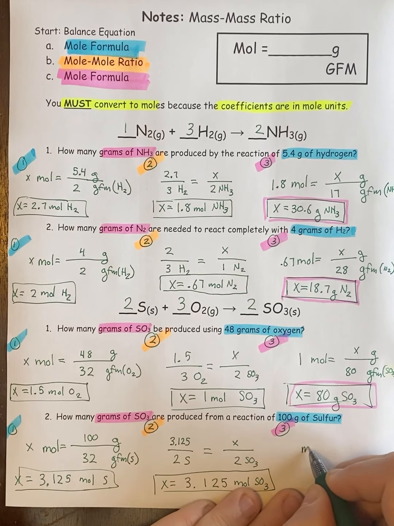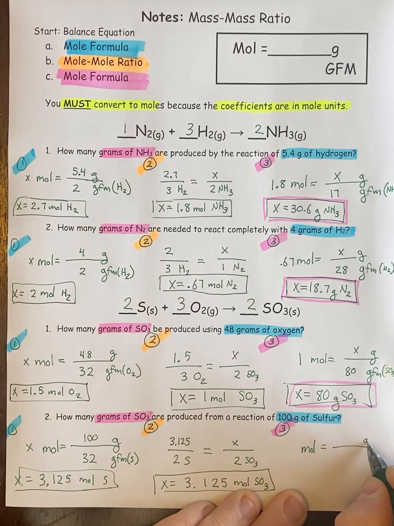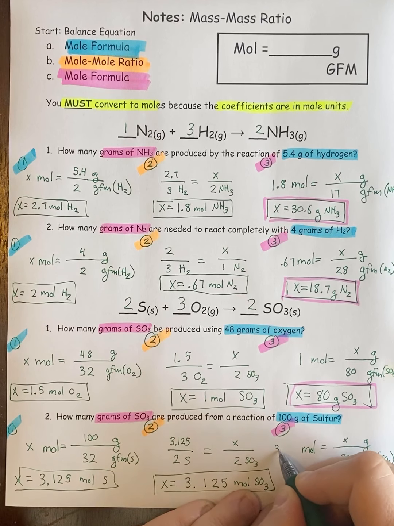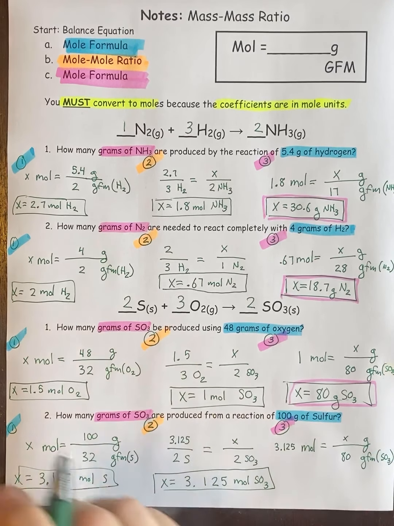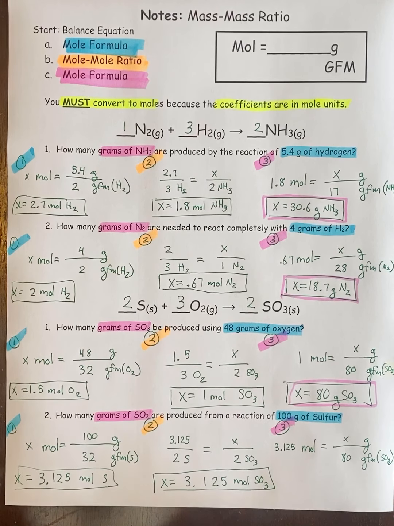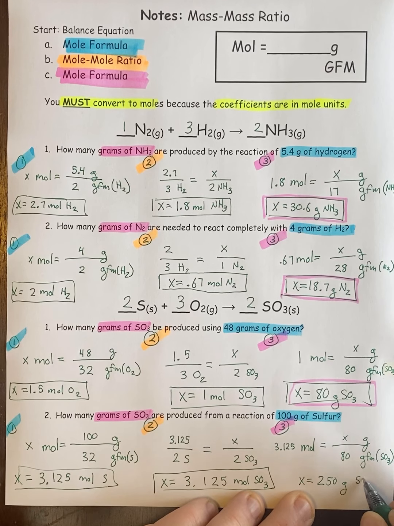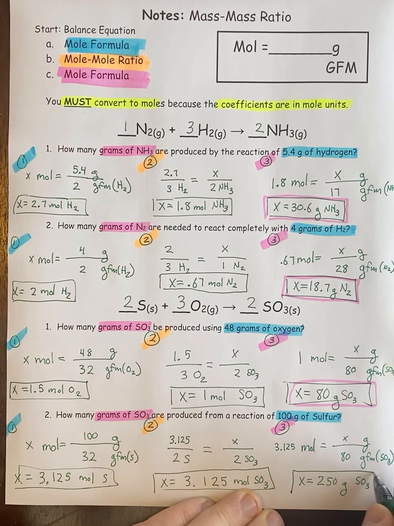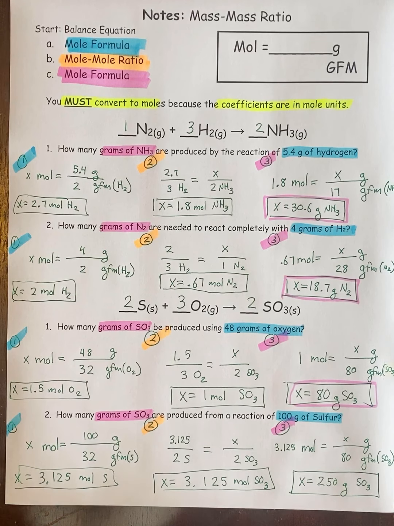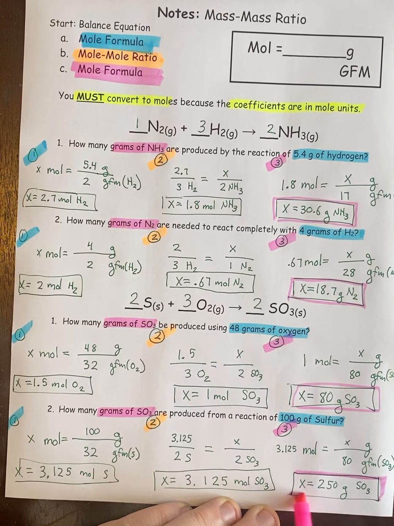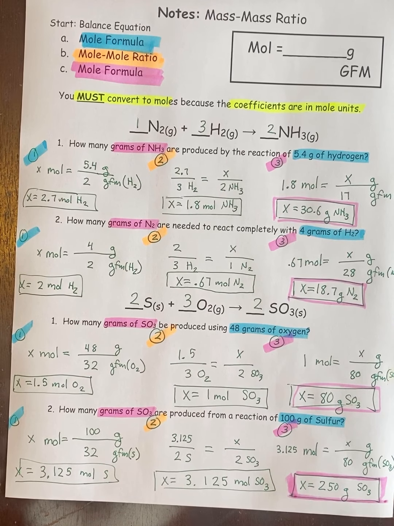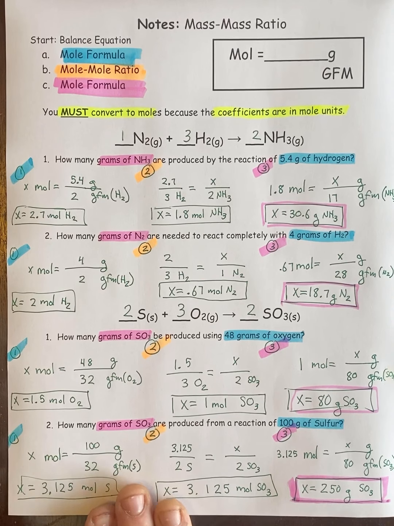And then the last step, mole formula again. And we end up with 250 grams of SO3. So that's how you do these problems.